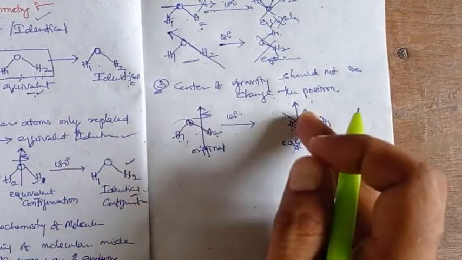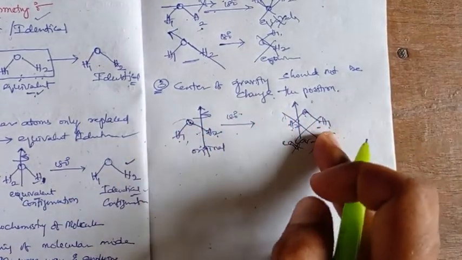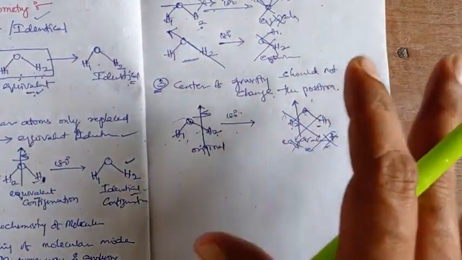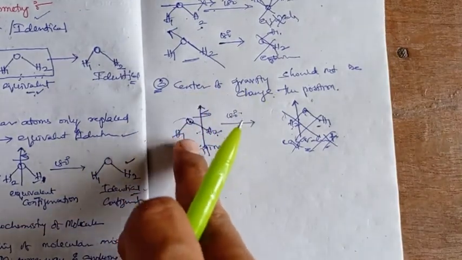So the position of the center of gravity point has changed. When this happens, the generated configuration is never an equivalent or identical configuration. There you may make an error in identifying the symmetry operation on the molecule.